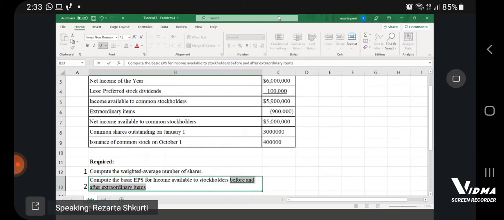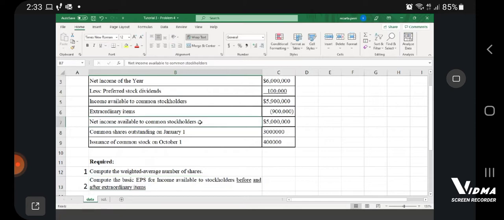So the basic earnings per share before taking into account the extraordinary item is based on net income available to common shareholders, and then the income before taking into account the extraordinary items.